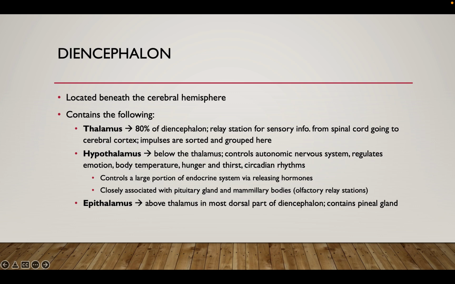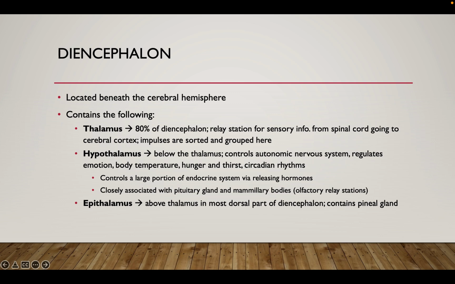These are hormones that travel from the hypothalamus down to the pituitary gland and stimulate the release of hormones from the pituitary. If it's a releasing hormone, it stimulates the release of hormones from the pituitary. If it is an inhibiting hormone, it will inhibit the release of hormones from the pituitary.